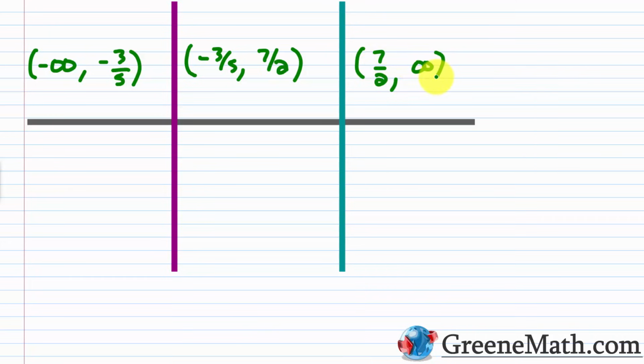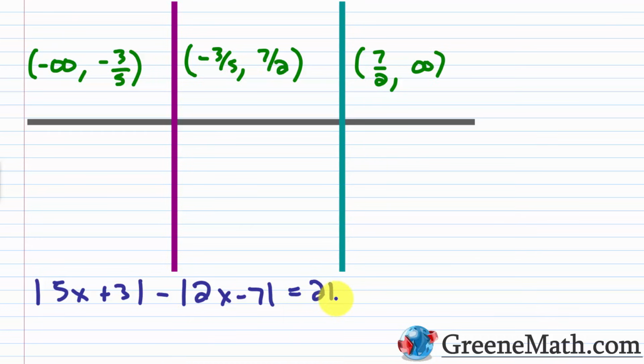Okay, so let's rewrite our absolute value equation. So we have the absolute value of 5x plus 3, and then minus the absolute value of 2x minus 7. This guy is equal to 21. So again, I'm just going to look in each interval and decide where each expression is positive and negative. Again, if it's positive, I can just drop the absolute value bars.